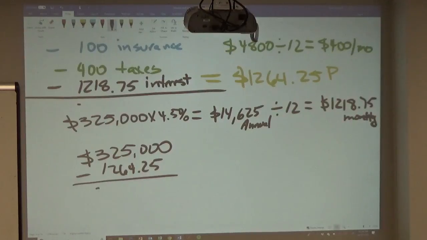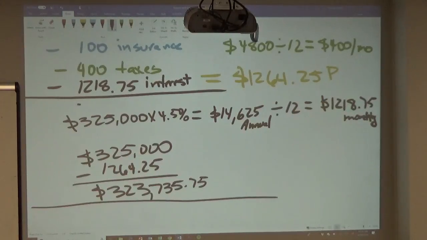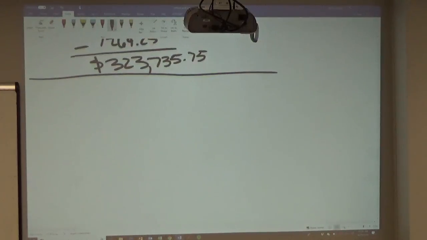That leaves us owing, after payment number 1, $323,735.75. So now we're ready to work on payment number 2. All that just to get us to the point where we can work on payment number 2.